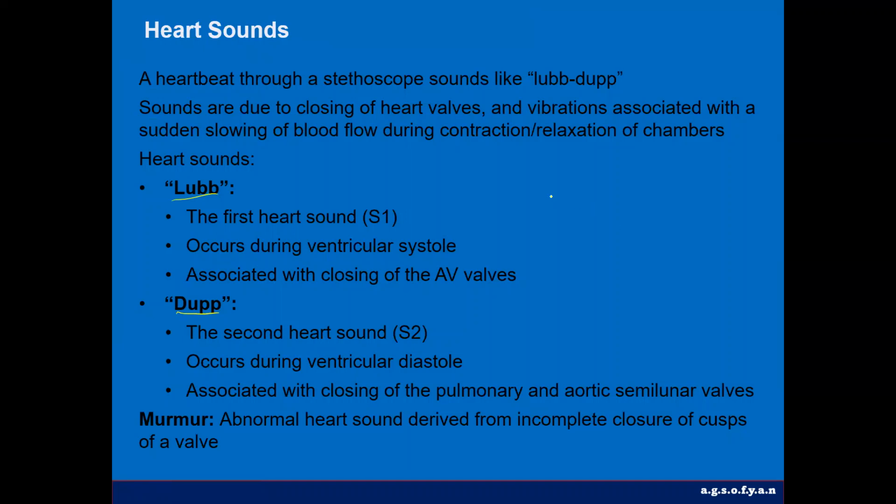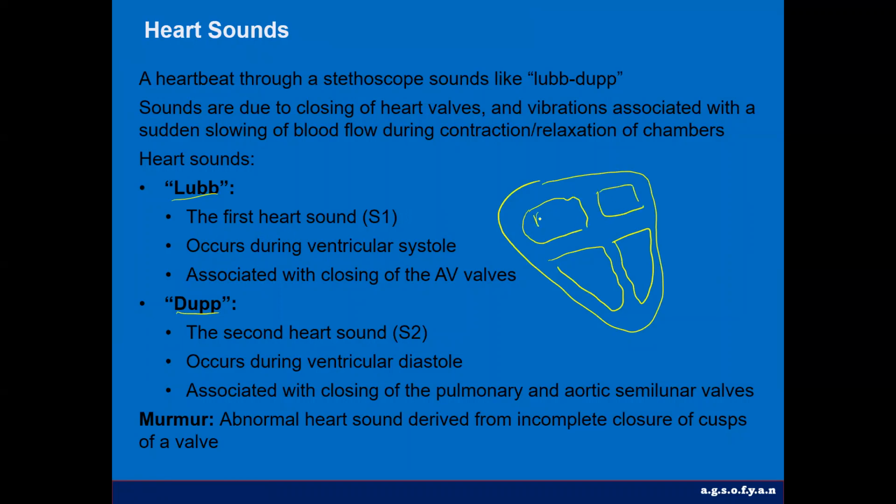If we go back to the heart structure, it has 4 chambers. The 2 chambers on the top are called the atria, right atrium and left atrium. The 2 chambers at the bottom are the right ventricle and left ventricle.